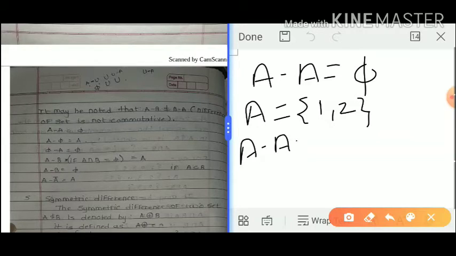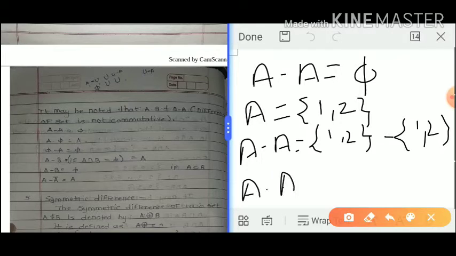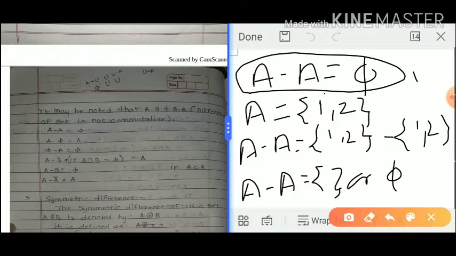A minus A means {1, 2} minus {1, 2}. The first element of A also belongs to A, and the second element 2 also belongs to the second set. So this is a null set. So A minus A is always the null set.